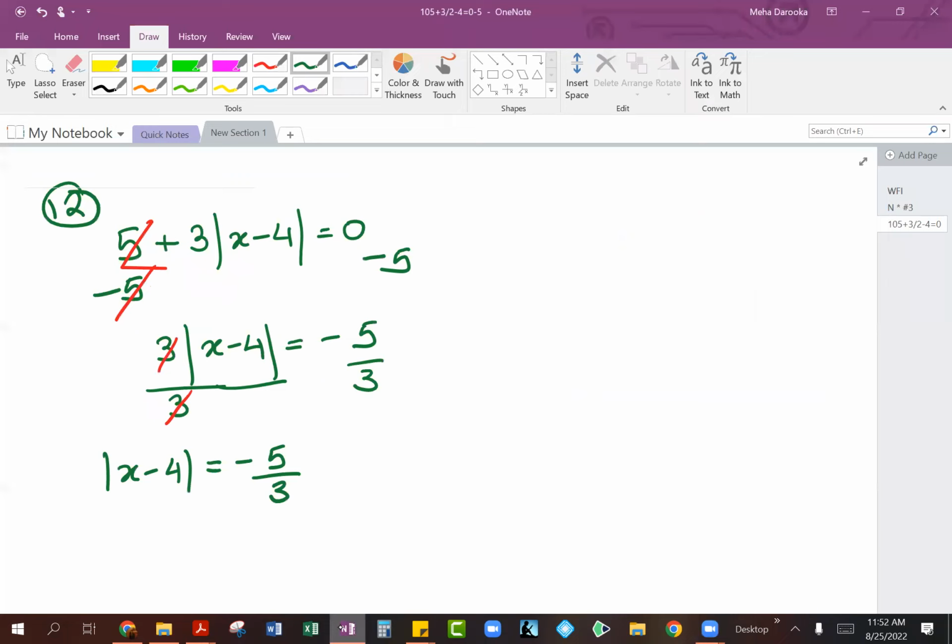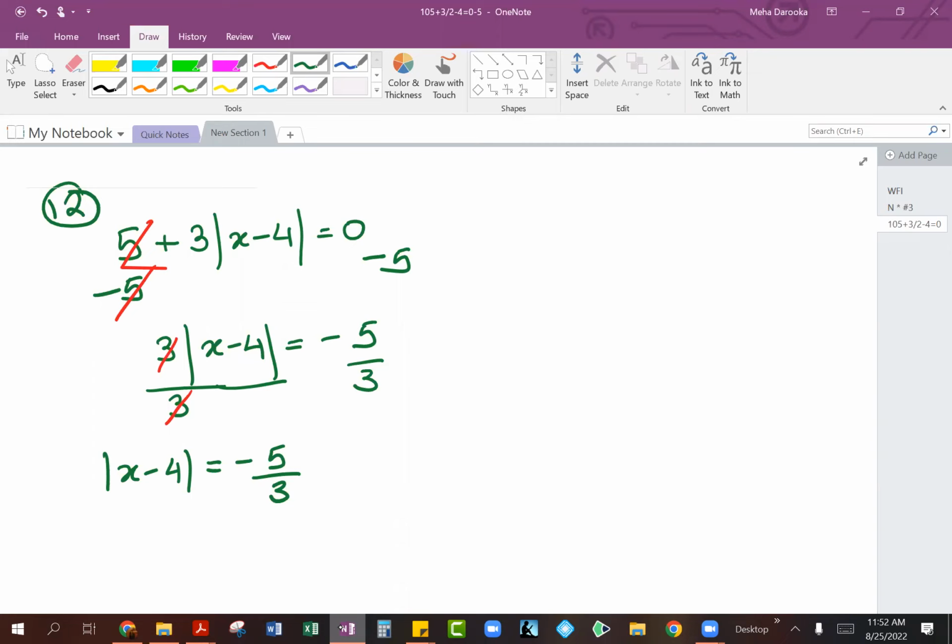Now think about this. We are saying you have a number over here that has a distance of negative 5/3. Can we do that? I have a number, doesn't matter what that number is, 0, 1, 5, 200. Can a number have a distance of negative 5/3 from 0?